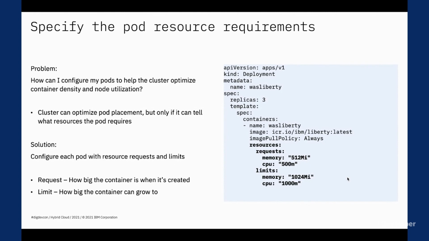Request is the minimum size that the container is going to start with, and the limits is the maximum size that the container can grow to in vertical scaling. It's perfectly all right to set these numbers to the same amount. And what that means then is that the container will not be able to vertically scale. And so you get your scaling using horizontal scalability.